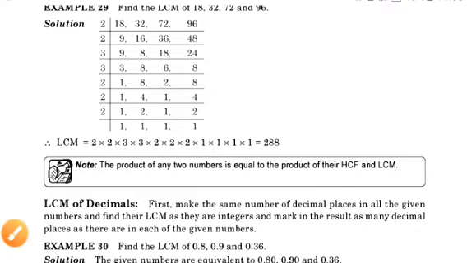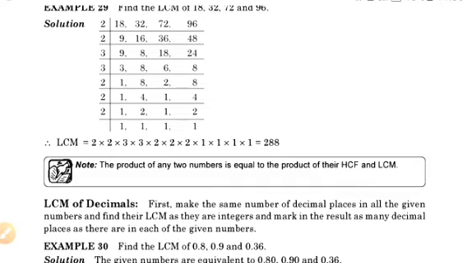So after division we get 9, 16, 36 and 48. Then by 3, 3 and 2, 2, 2 we get the required divisors 2, 2, 3, 3, 2, 2, 2 and then 1, 1, 1 and 1. After multiplying all these we get 288.